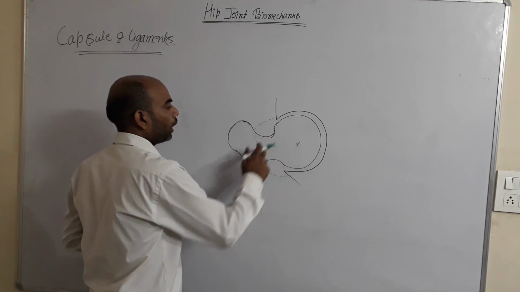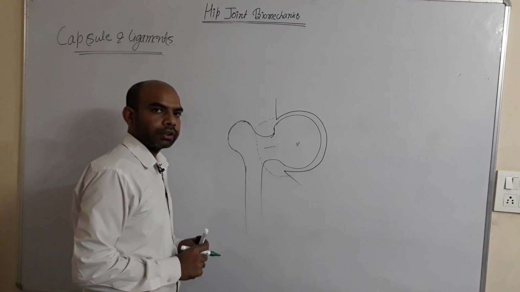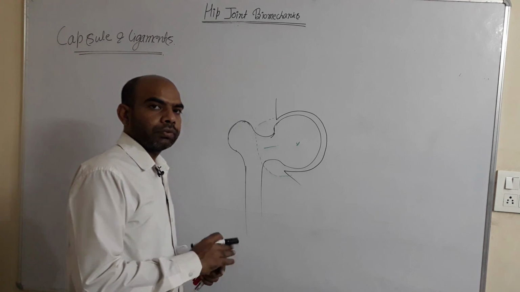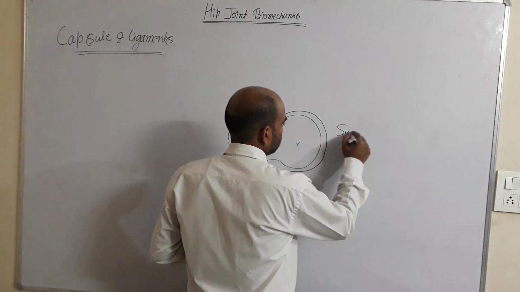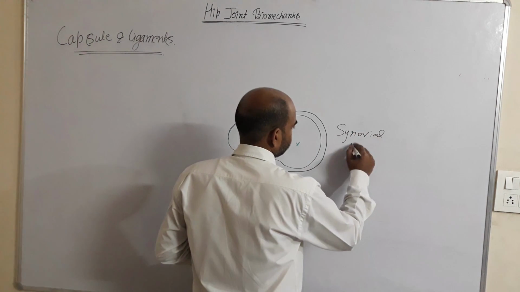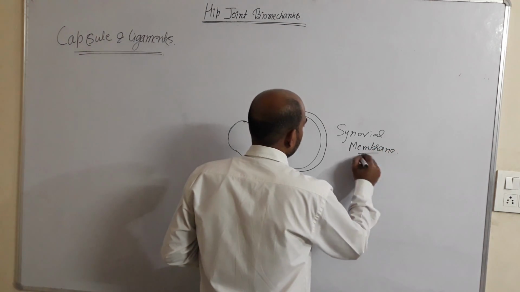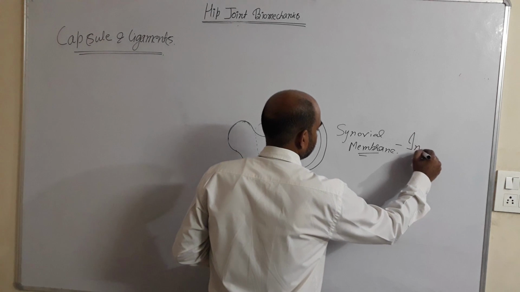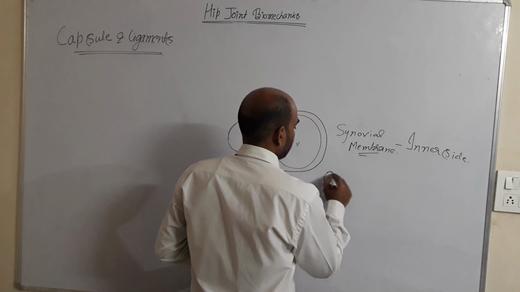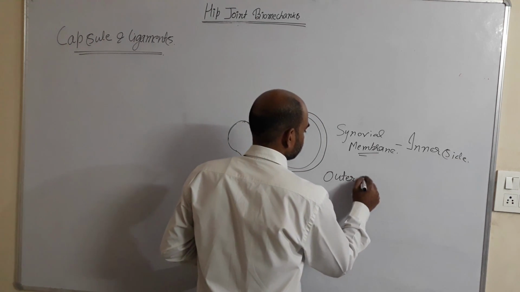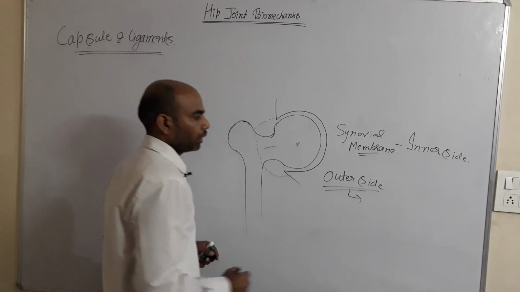So the head and neck are intracapsular, and the greater and lesser trochanters are extracapsular. The capsule from the inner side is lined by synovial membrane, and on the outer side it is supported by ligaments.